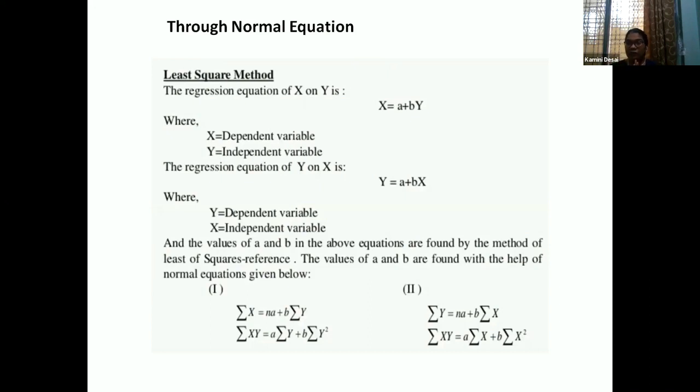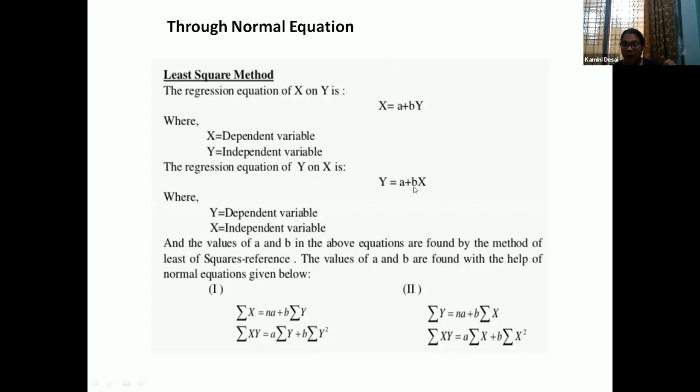You can do vice versa; we have to decide what relationship we want between x and y. The second is the regression equation of y on x, that is y is equal to a plus bx. Here y is the dependent variable and x is the independent variable.